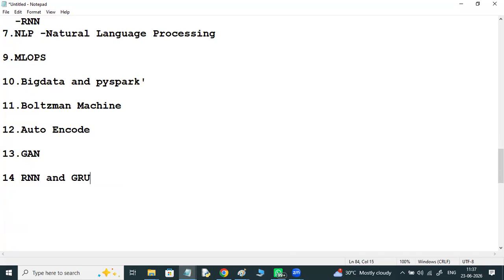So this gated recurrent unit is a type of recurrent neural network, right? Yes, designed to process sequential data.